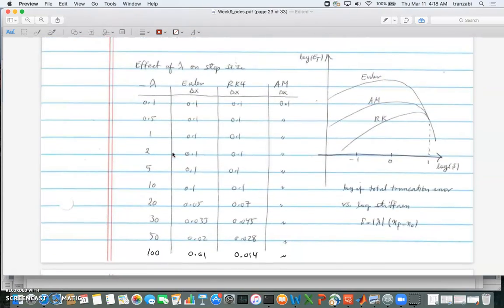If you want to compare the three methods, forward Euler, RK4, and Adams-Moulton, let's say for lambda equal 0.1, we know that forward Euler is conditionally stable, and the condition is that delta x should be less than or equal to 2 times 1 over lambda.